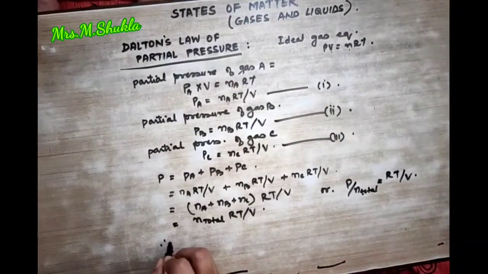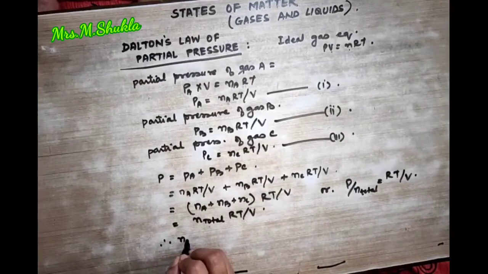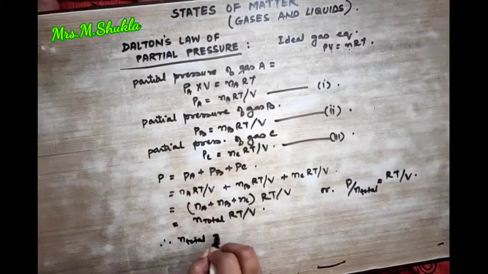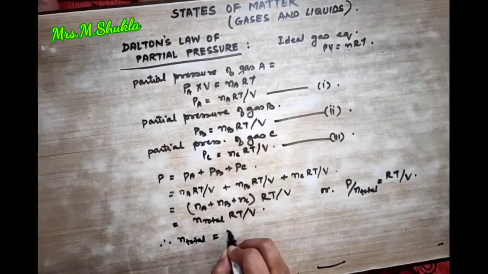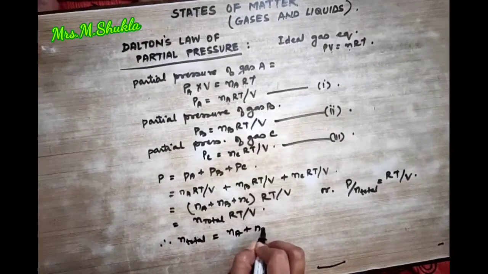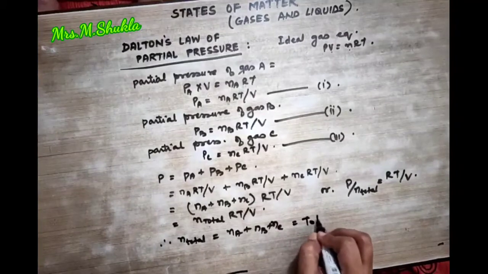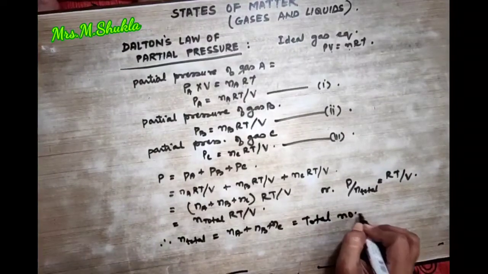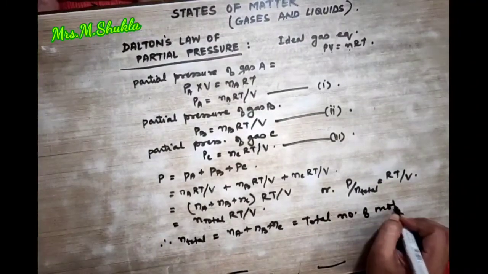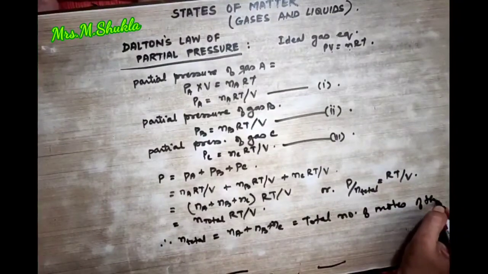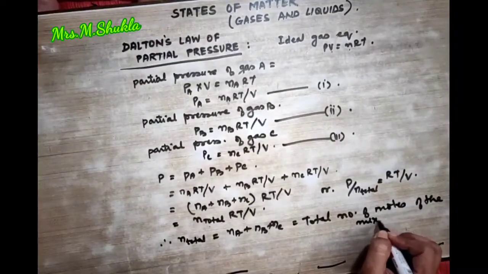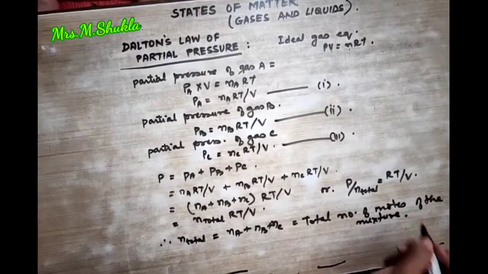Clear? Therefore, we can say that the number of total moles will be equal to nA plus nB plus nC. This is also equal to the total number of moles of the mixture that are present in the container.